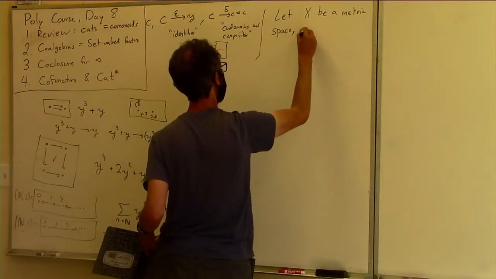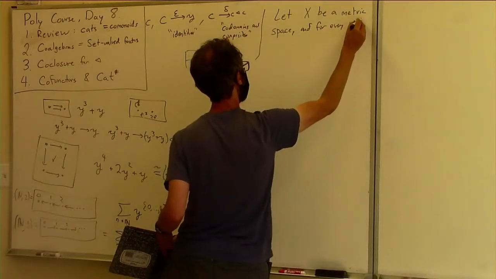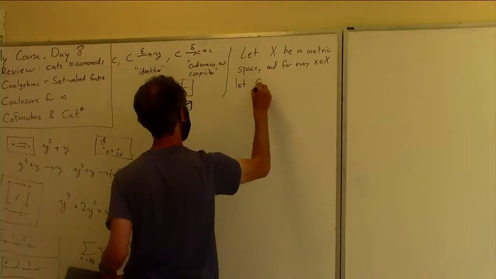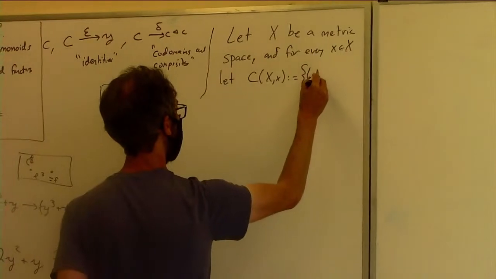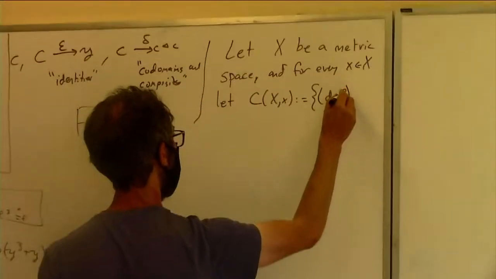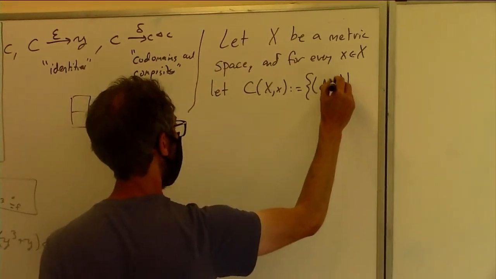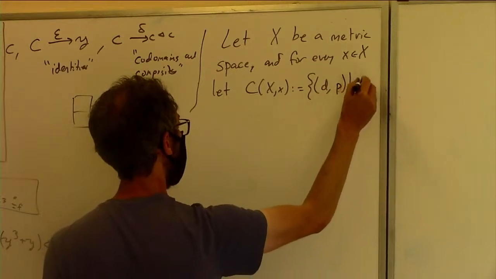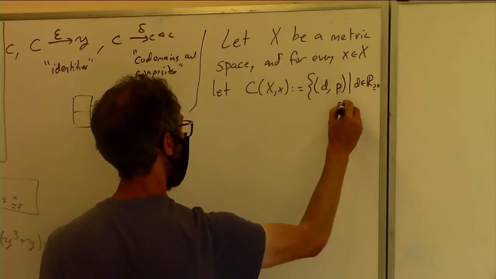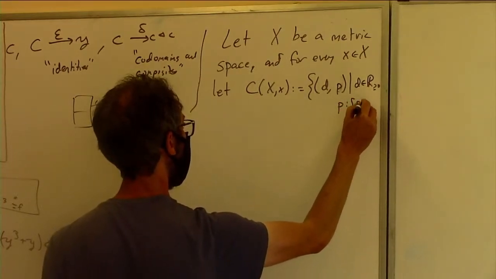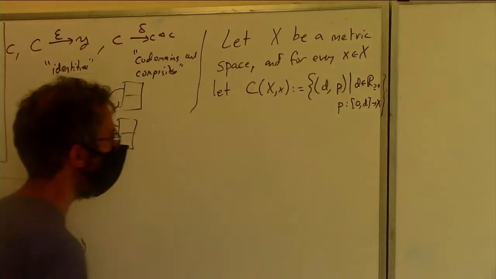For every little x in X, let C_x denote the set of all pairs (d, p), where d is a real number greater than or equal to 0, and p is a continuous map from [0,d] to X. So what is that saying?